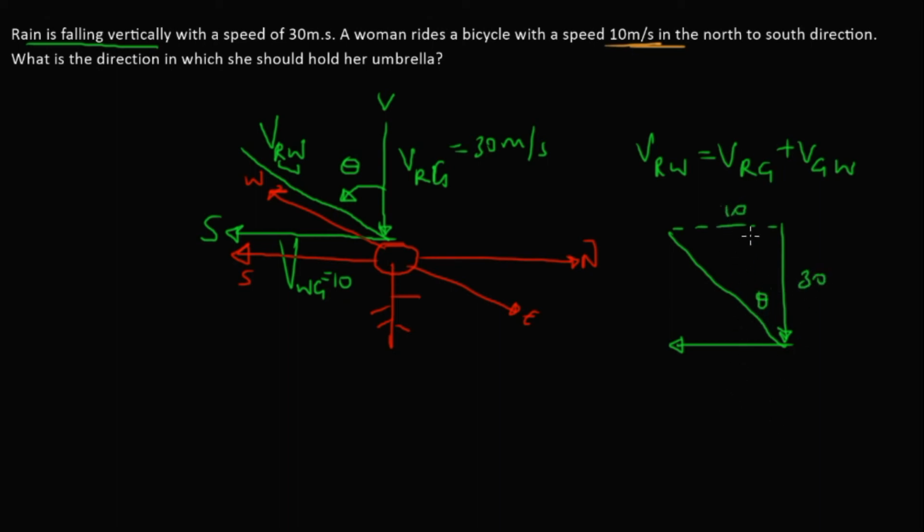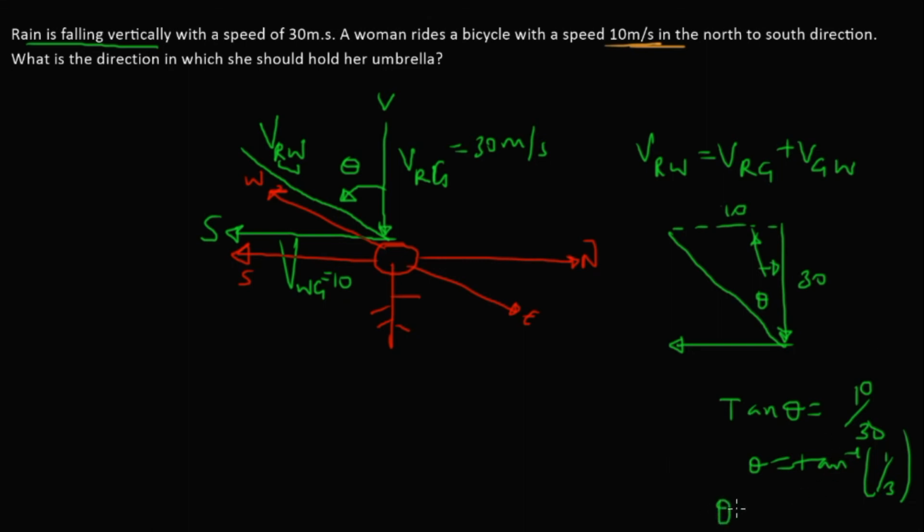So since we have the opposite and the adjacent, we can make use of tan from SOHCAHTOA. That means tan theta equals opposite, which is 1, upon the adjacent, which is 3. That's 10 over 30, which is the same thing as 1 over 3.